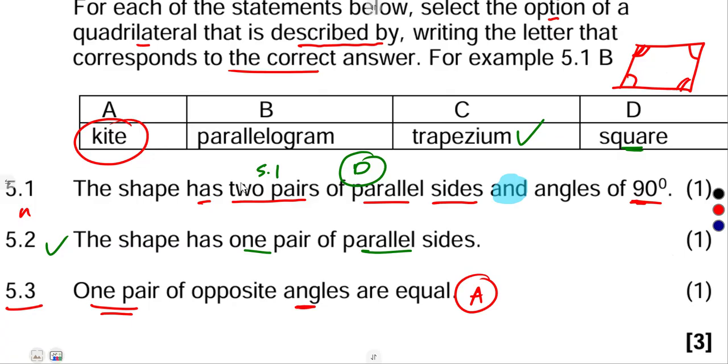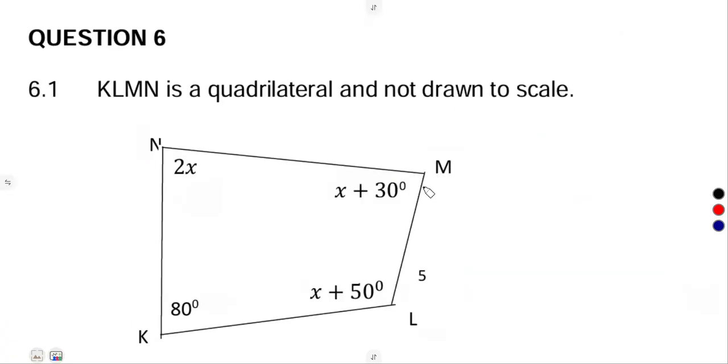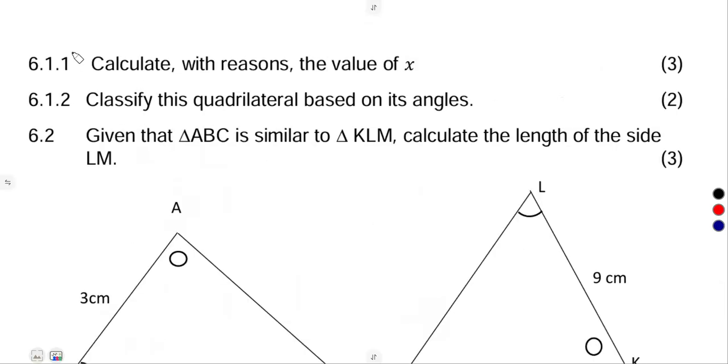Then on question 6, KLMN is a quadrilateral and not drawn to scale. No problem. From that quadrilateral, can we calculate with reasons the value of x?